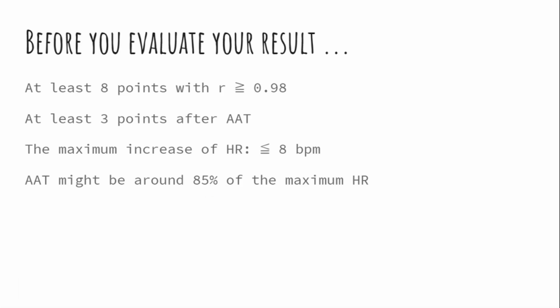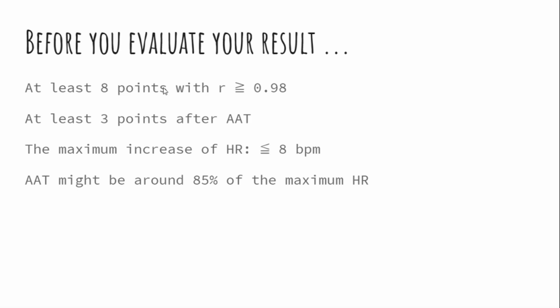Maybe what I'm gonna do next is redo the Conconi test. Maybe the reason why I couldn't get at least 8 points is because I overestimated my status. I started from 8 km per hour because I used to be an athlete, but probably I should have started from 7 km per hour instead of 8 km per hour.